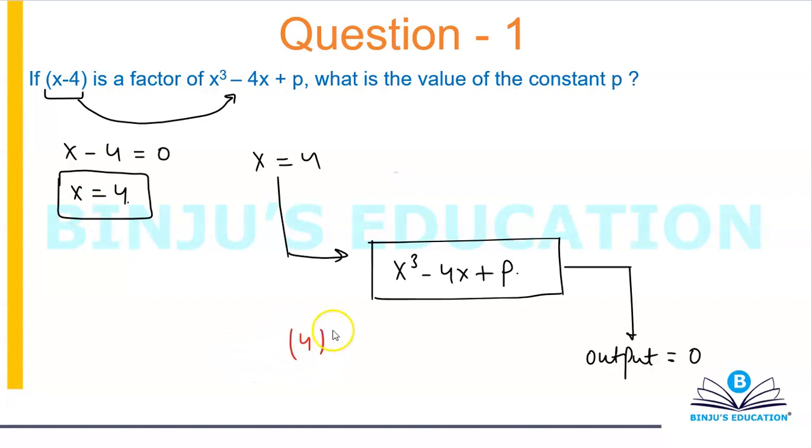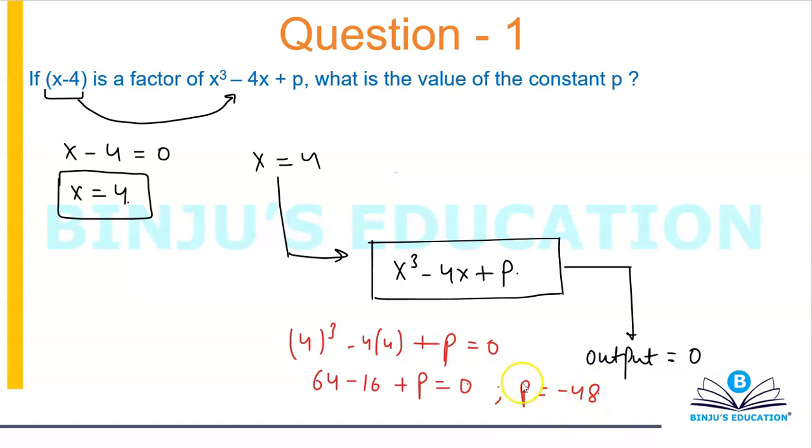So it's going to be 4 cube minus 4 into 4 plus p, and this is equal to 0. 64 minus 16 plus p is equal to 0, so you get p equal to negative 48. So the value of p is negative 48.